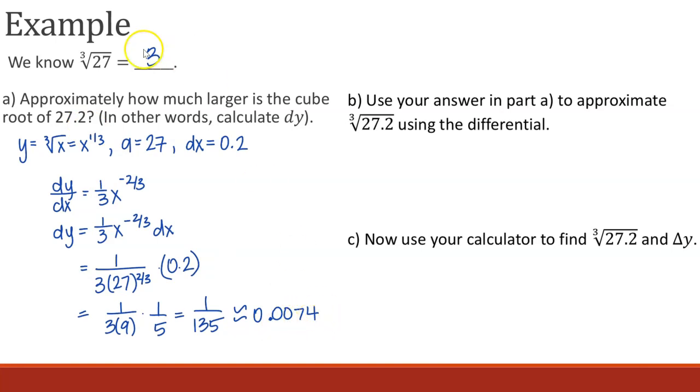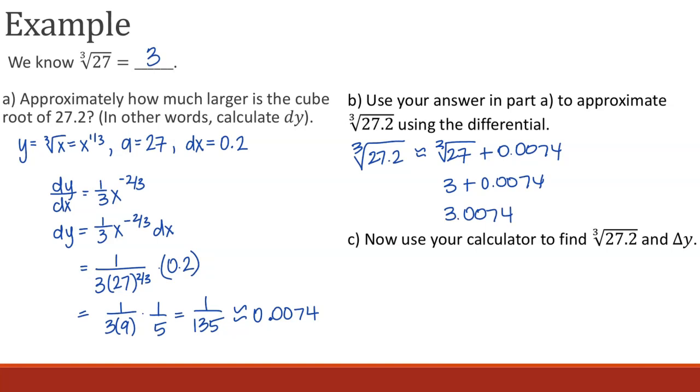So now we can answer part B, which is to use your answer in part A to approximate the cube root of 27.2 using the differential. So the idea is that the cube root of 27.2 is approximately the cube root of 27 plus my differential value that I just found, 0.0074, or 3 plus 0.0074, so 3.0074.